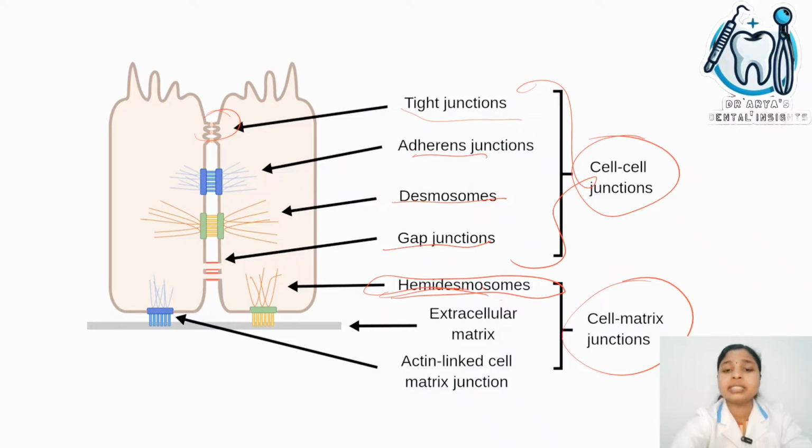The cell matrix junctions are hemidesmosomes and also the actin linked cell matrix junction.